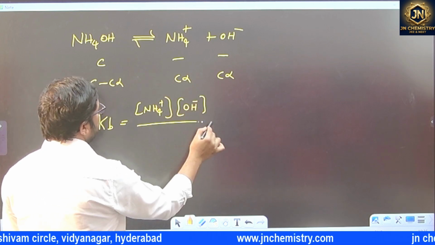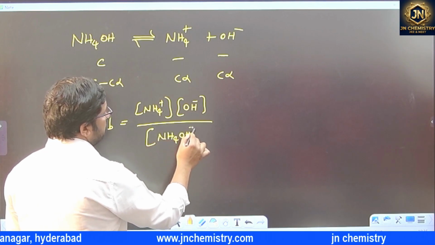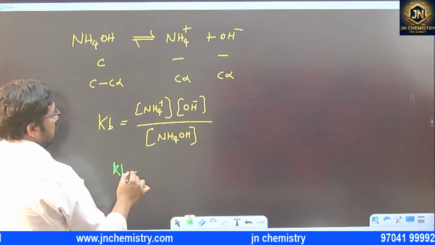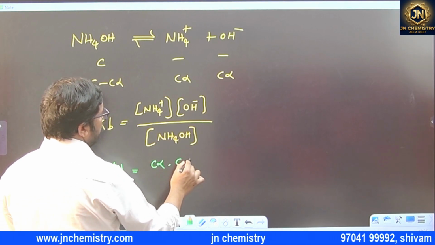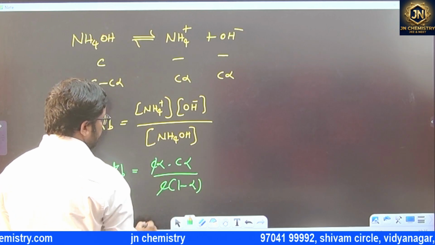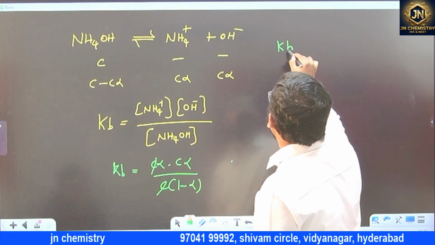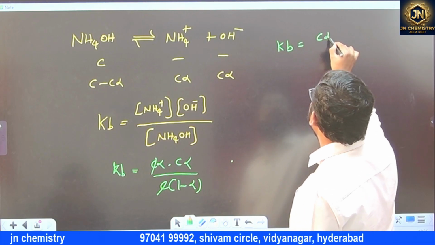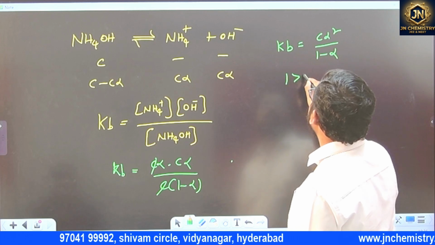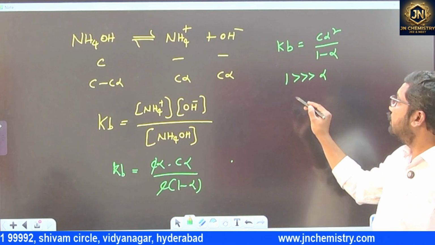Right? So for the base, I'm directly writing Kb, the base dissociation constant: NH4 plus concentration times OH minus ion concentration by NH4OH. So now C alpha into C alpha by C into 1 minus alpha. C gets cancelled. Kb is equal to C alpha square by 1 minus alpha. Since 1 is far greater than alpha, we can neglect it in the denominator.